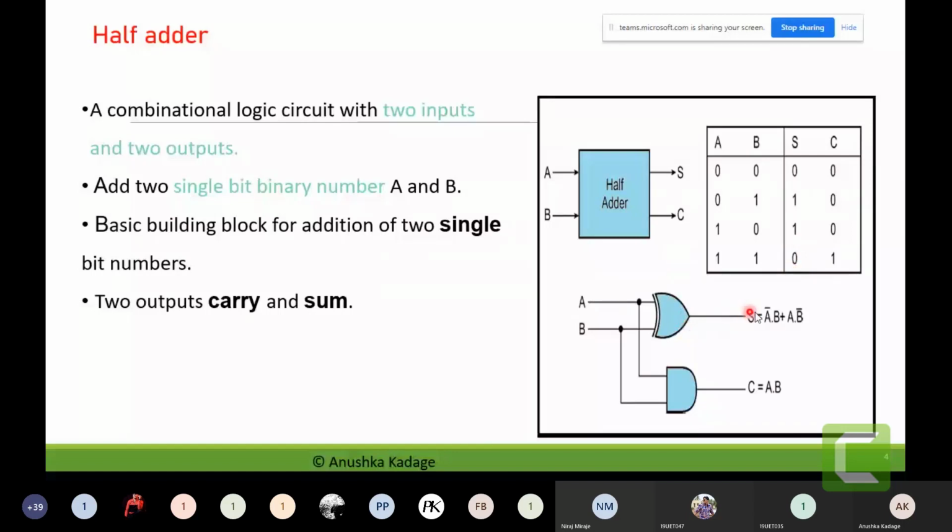To represent this S, we have written the Boolean function of the XOR gate as A bar B or A B bar. And we have drawn the XOR gate symbol, connected at the input side with the variables A and B, and the output we obtain is mentioned as sum.